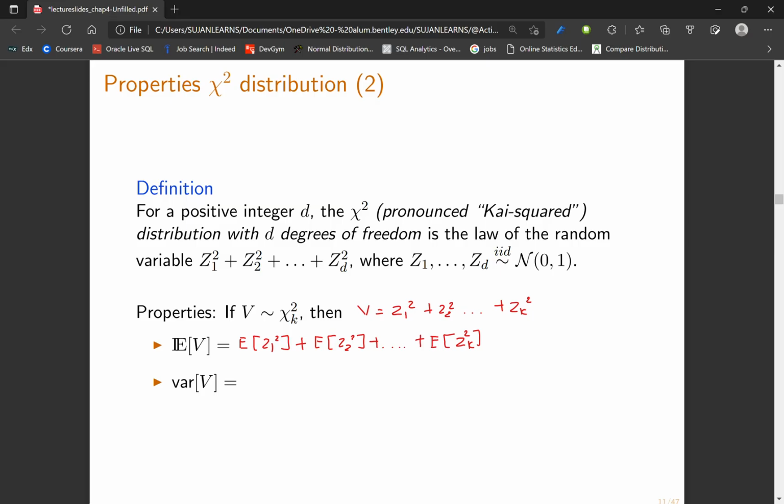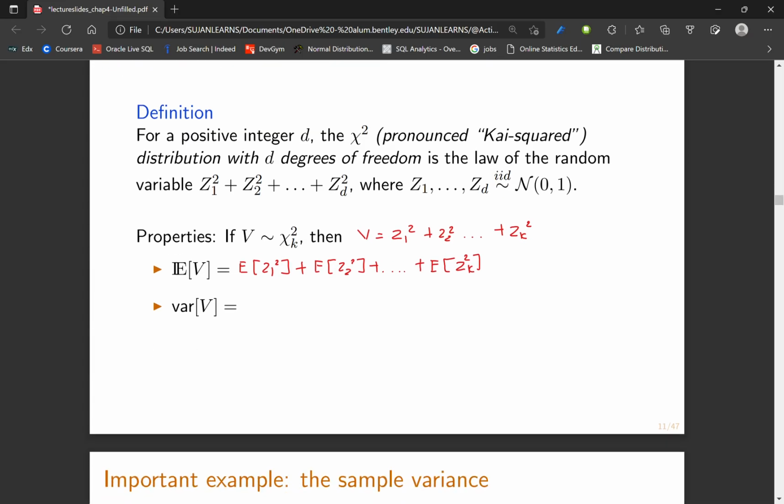Now, next step is to find what is the expectation of Z1 square. To do this, we can use a formula.